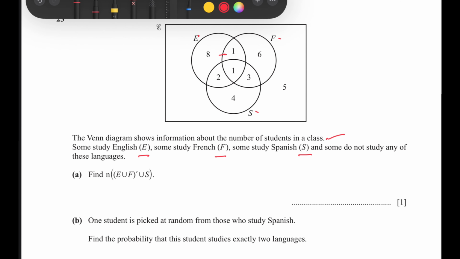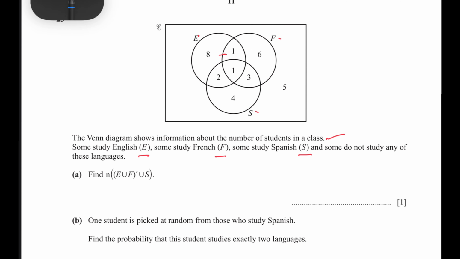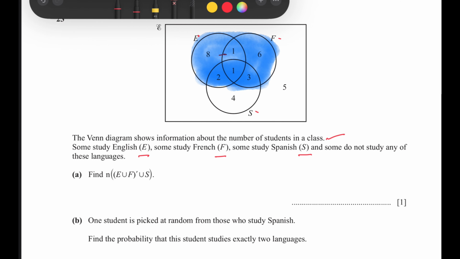Basically I'll remove this thing. First do E union F, and then you don't have to take these values. So you have just this 4 and 5.